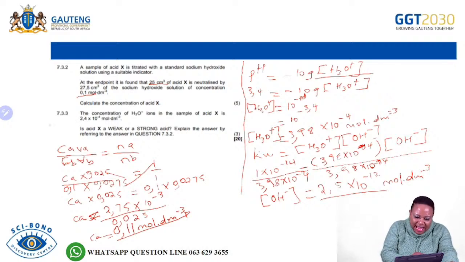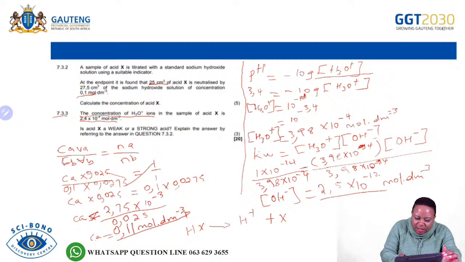Now, they say in the next question, the concentration of hydronium ions in the sample of acid X is 2,4 times 10. So they are telling us that when X ionizes, remember we have HX, the acid ionizes to form H plus and X minus.